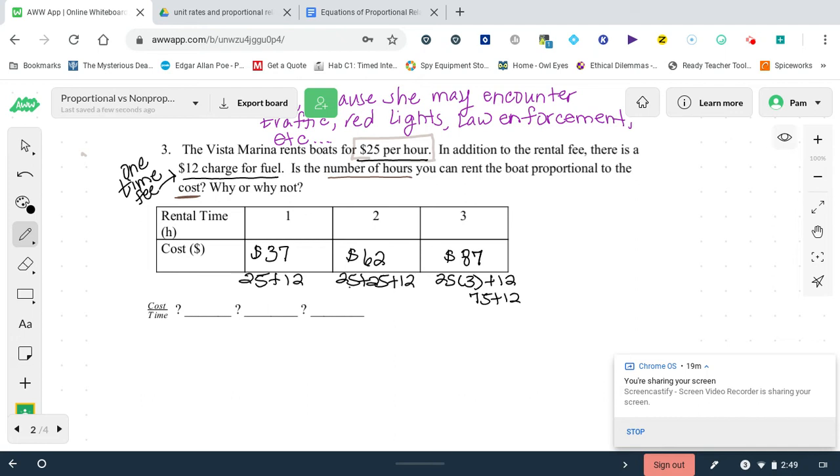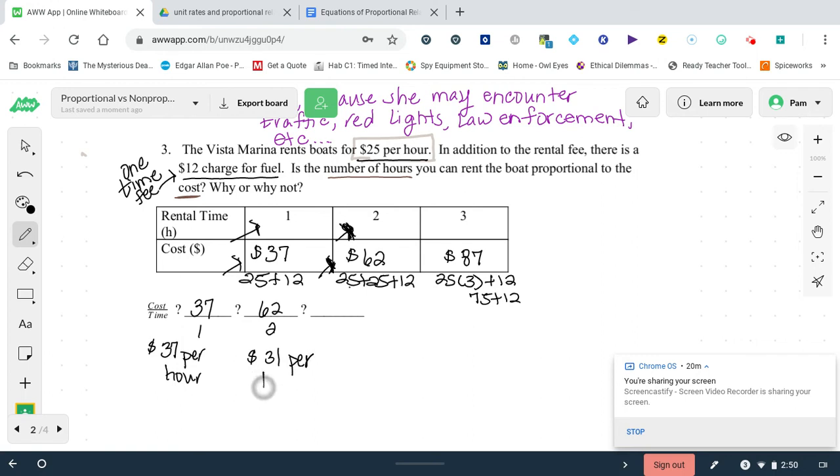So let's divide cost by time. This cost here is 37 and the time is 1. So 37 divided by 1, of course, is $37 per hour, just for that column. Now, if we keep the boat for 2 hours, we pay $62, so 62 divided by 2 ends up being $31 per hour.